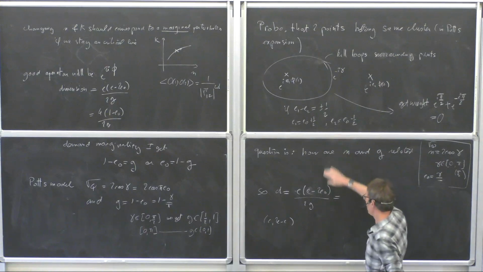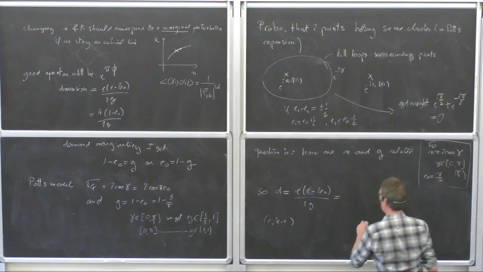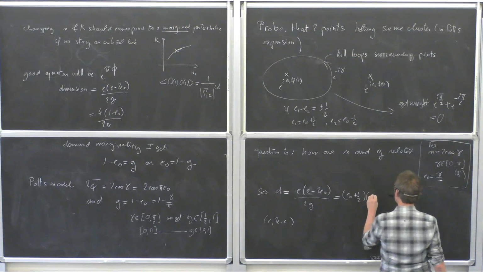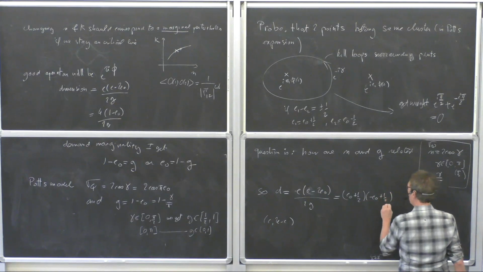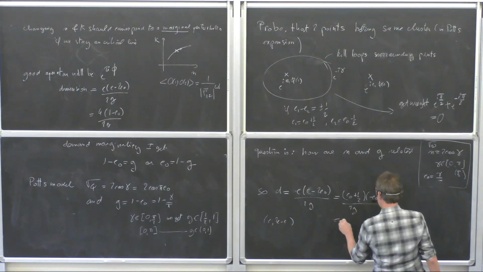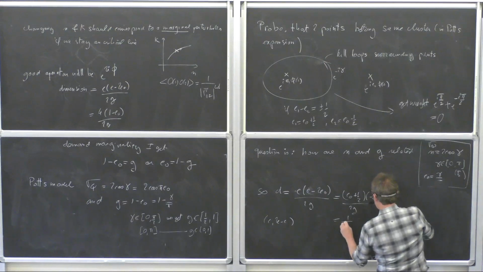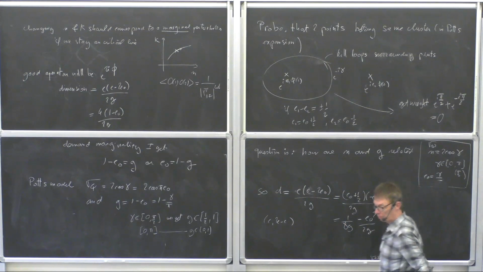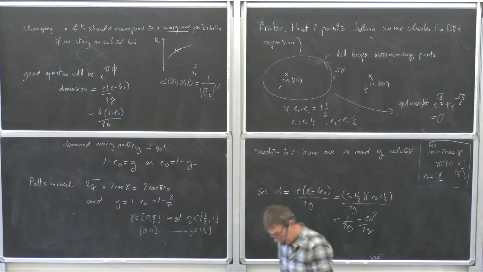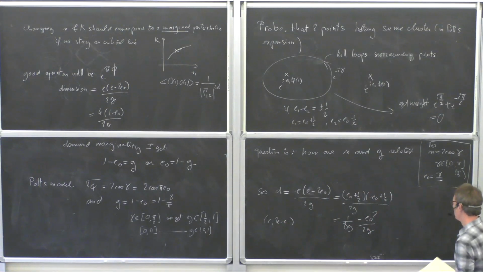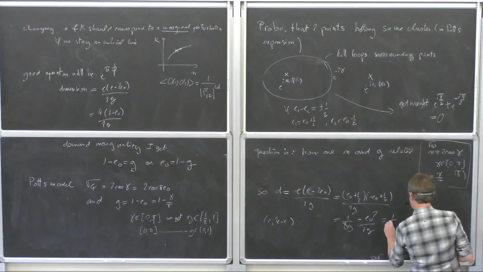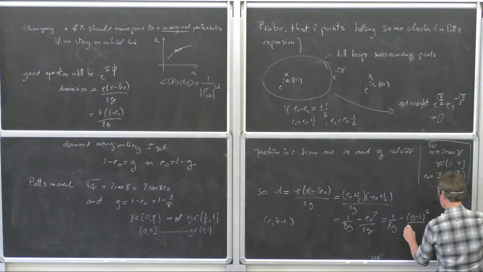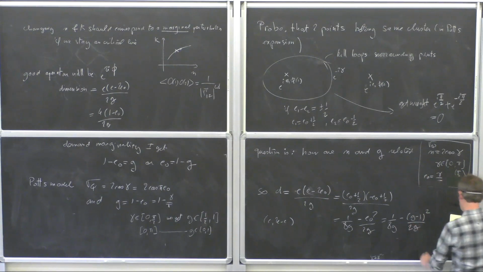So that's E1 plus 1/2 times minus E1 plus 1/2 over 2G. That's 1 over 4G minus E naught square over 2G. That's the dimension. Okay? So 1 over 4G minus G minus 1 square over 2G.